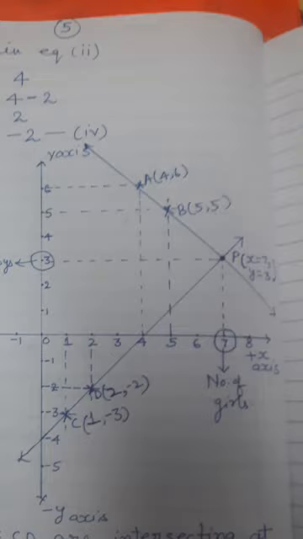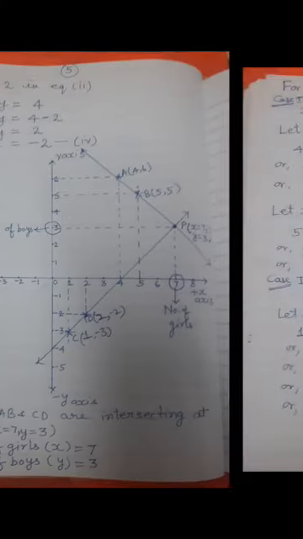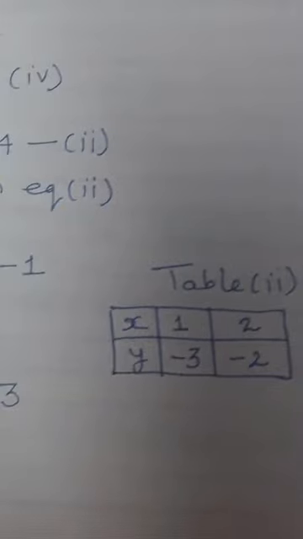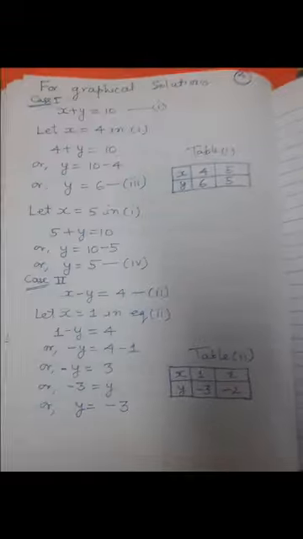Now after this, we will plot a line for the second equation using table 2. See here. For table 2, when we have taken the value of x as 1, there we are getting the value of y as minus 3. Here we have to pay attention that the value of y we are getting is minus 3. It means we have to move towards the negative y-axis. See here how we are doing it.